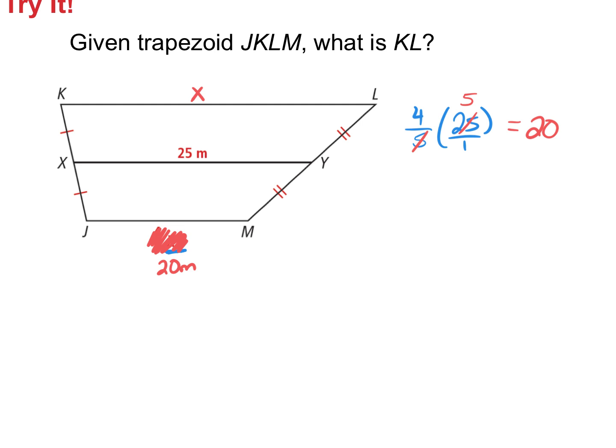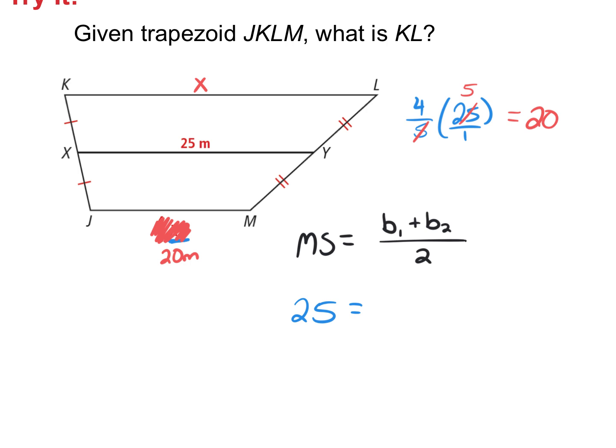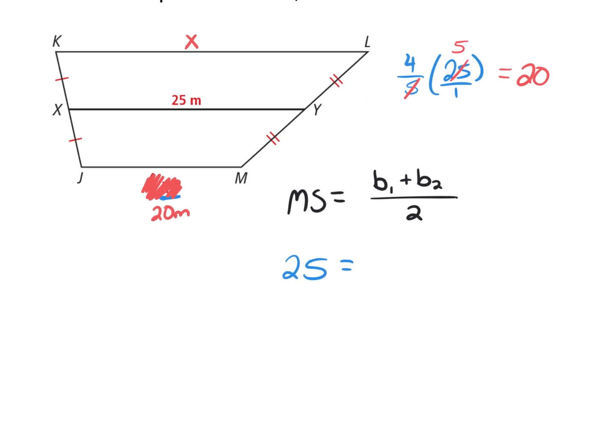A couple different ways you can find KL. What's one? Yep, let's do it. Plug it back into the formula. So we know the mid-segment equals, what's the formula? Yep, base 1 plus base 2 divided by 2. So let's plug in the values that we know. What's the mid-segment? Mid-segment's 25. What are my bases? X and 20. Doesn't matter the order I put them in.